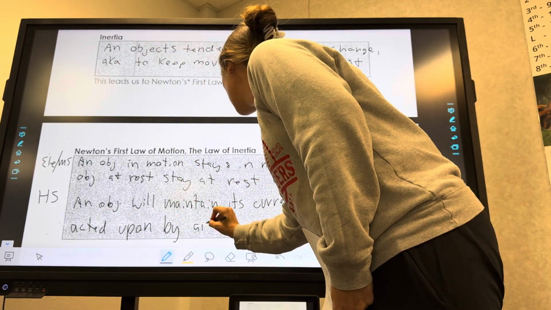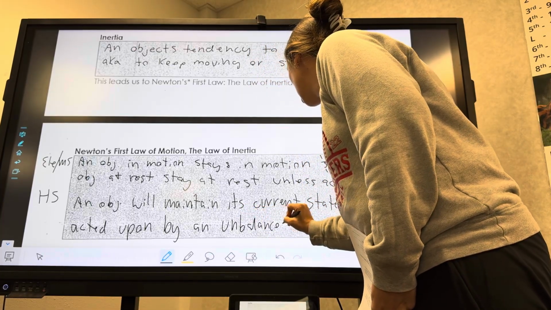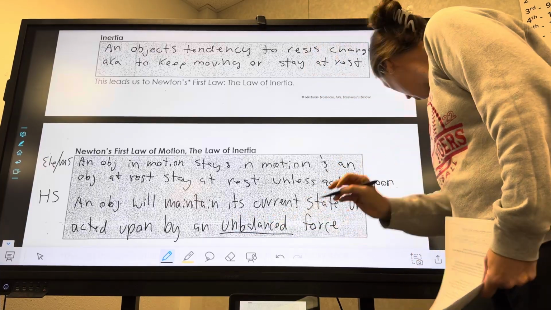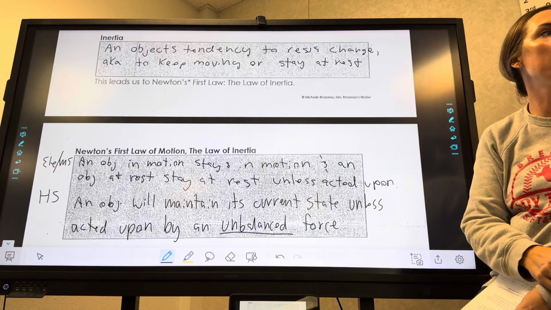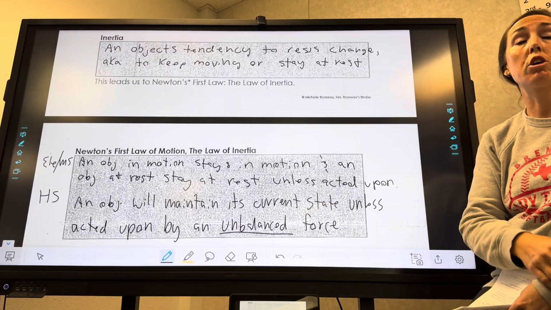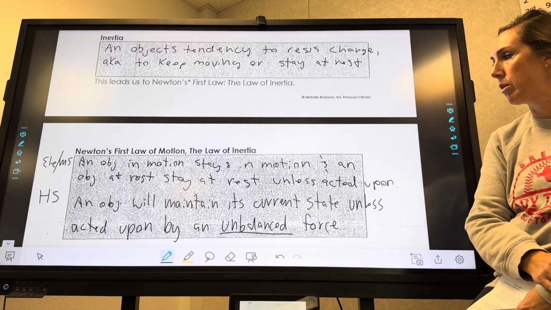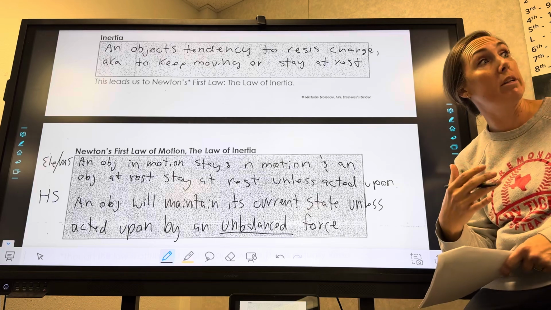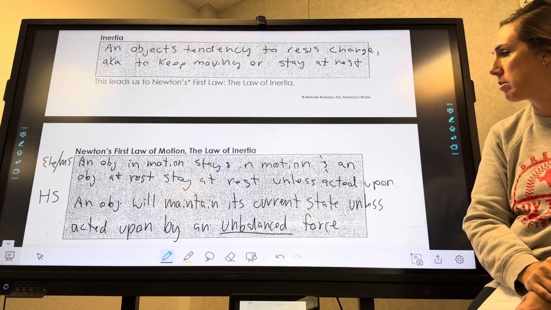I'm underlining the word unbalanced because there are forces acting upon us all the time, but they could be balanced or they're just not great enough. So it really has to be an unbalanced force to throw us, quote unquote, off balance, to make us slow down or move if we're at rest.